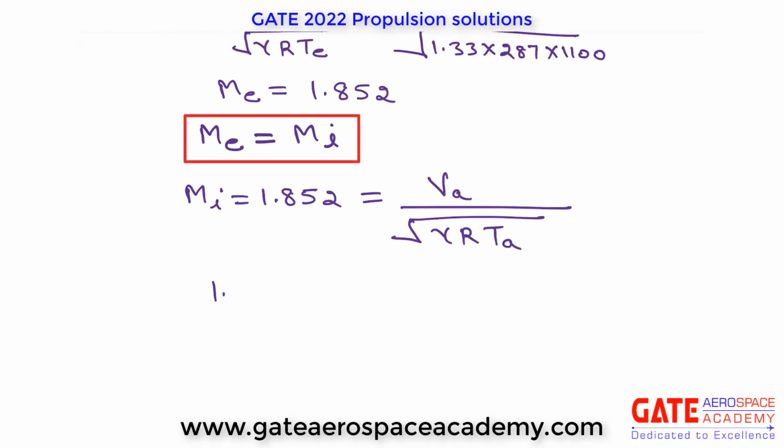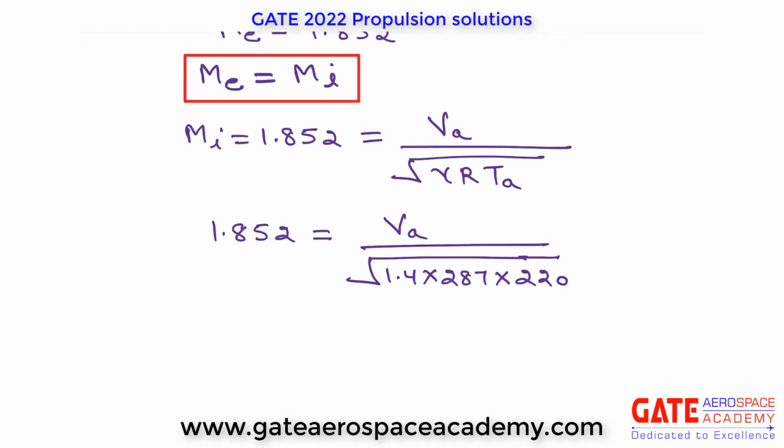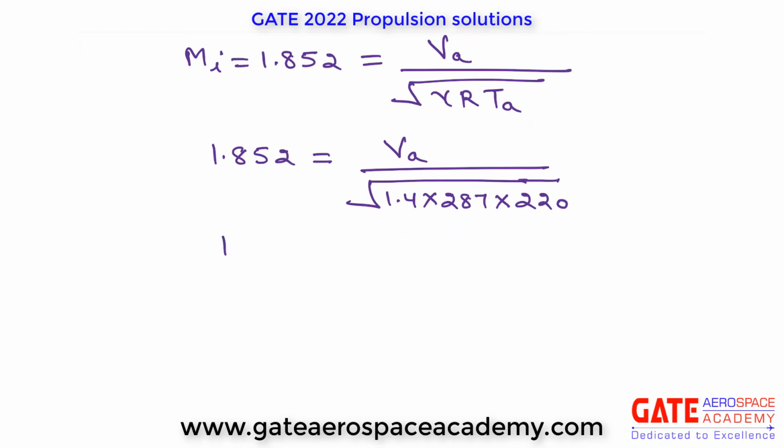So let's substitute the values. 1.852 is equal to VA, we have to find out, upon under root gamma R, R is 287, and TA, ambient temperature, is 220 Kelvin. 1.852 is equal to VA upon 297.315.